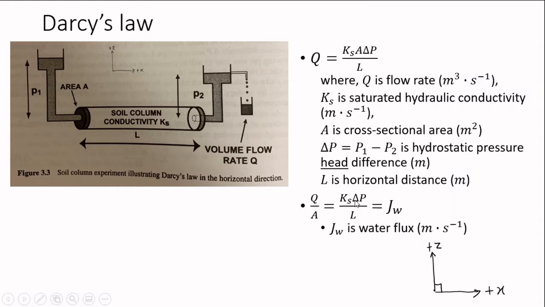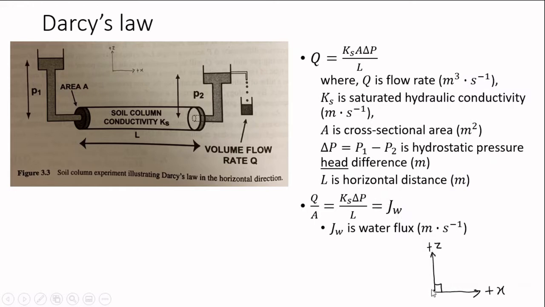You can see that the change of P is in the unit of meter, and L is also in meter. So meter divided by meter, you get 1. So Ks is meter over second. So here, the whole variable, you only get meter over second. Then of course, Jw, the water flux, is also meter over second.